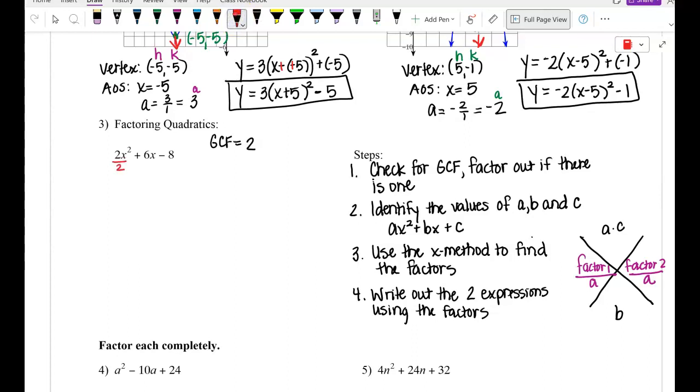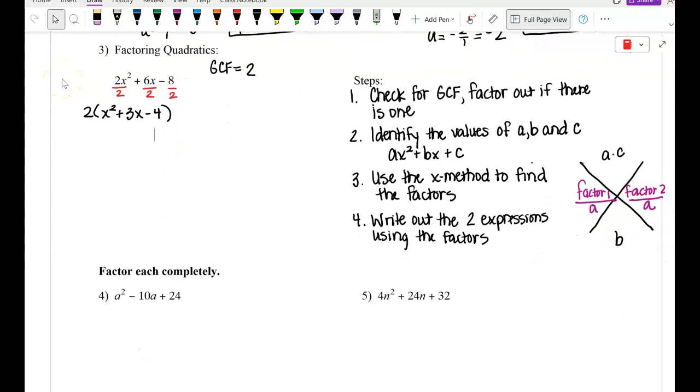So I'm going to divide each term by 2. So I have 2 times the quantity x squared plus 3x minus 4. So it's that value inside the parentheses that I need to factor. Again, the GCF will come down into the answer at the end.